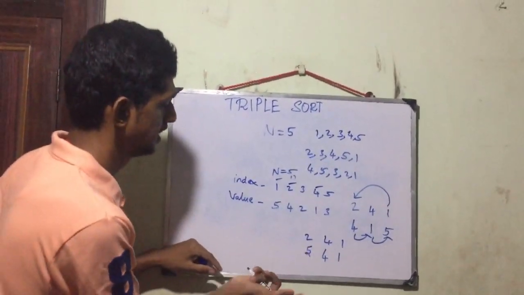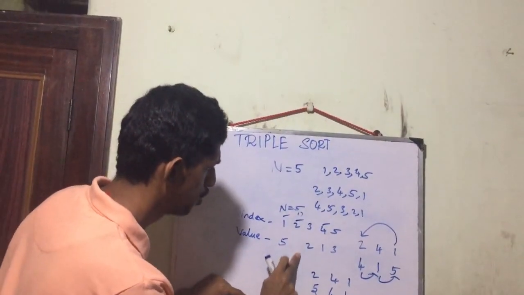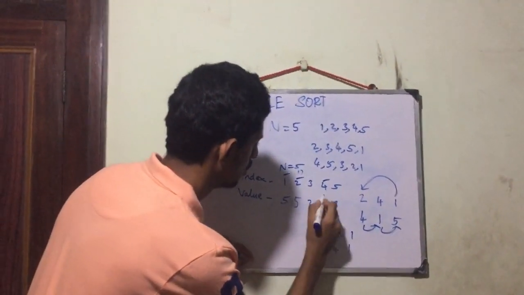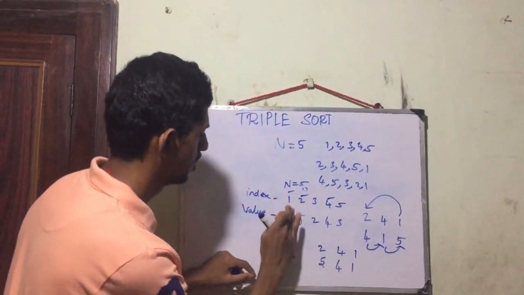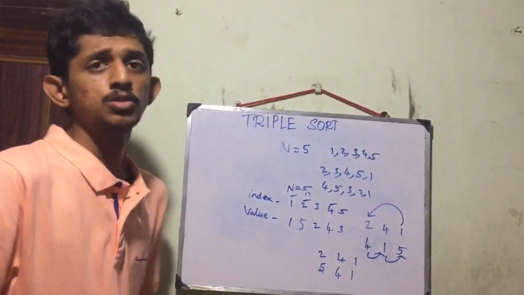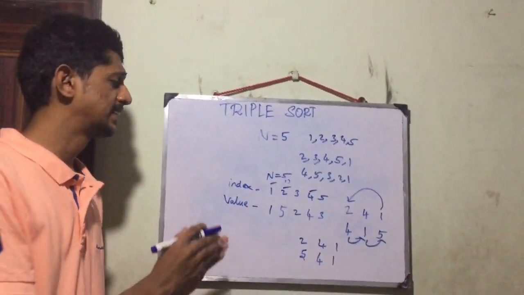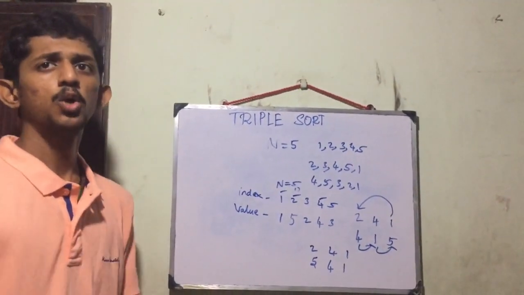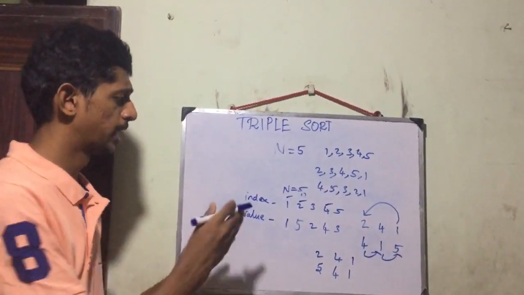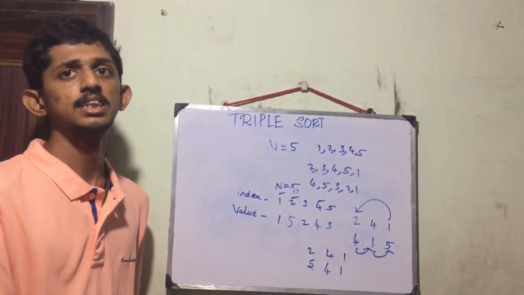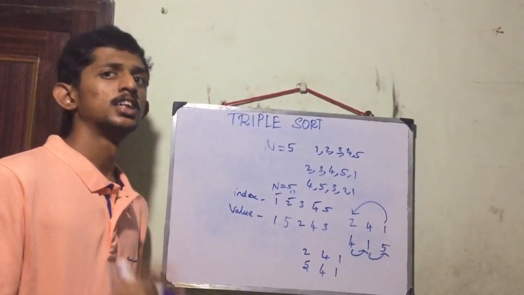Now correspondingly change here: in index 2 you will get 5, in index 4 you will get 4, and in index 1 you will get 1. So you have to perform a right cyclic shift for the selected three indices which are pairwise distinct. Now your aim is to perform right cyclic shifts and then sort the given permutation of n numbers in increasing order. But there's a problem in that.